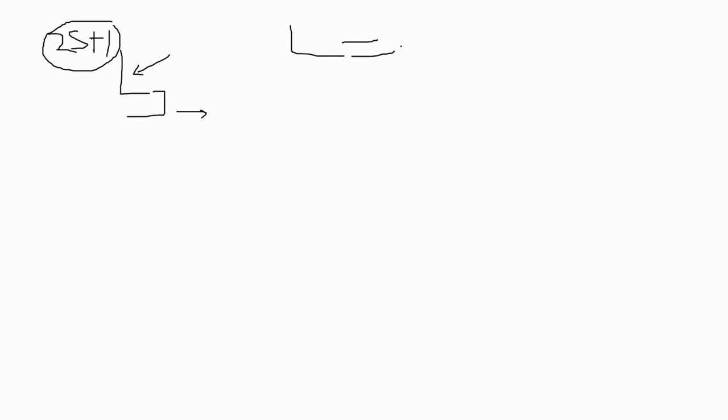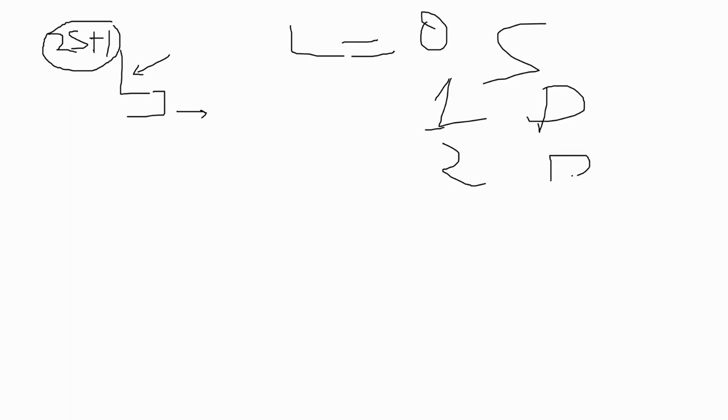So for L value 0 it is S, for 1 it is P, for 2 it is D, like that. So this is the multiplicity, and there is a rule known as Hund's rule, and this rule signifies how the energy levels are arranged.